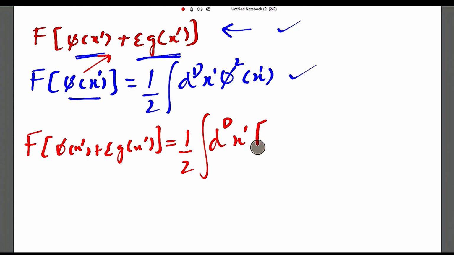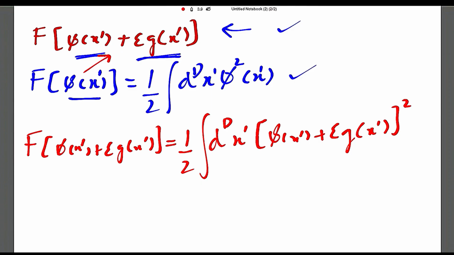However, you can see that it's phi of x prime whole square. So let's change phi of x prime to phi of x prime plus e g of x prime, and it's whole squared. All right, so isolate phi of x prime, perturb it, and then its whole square is included here. Keep that difference in your mind.